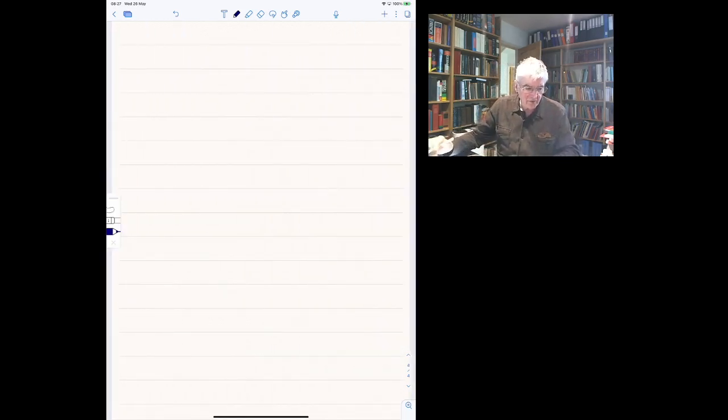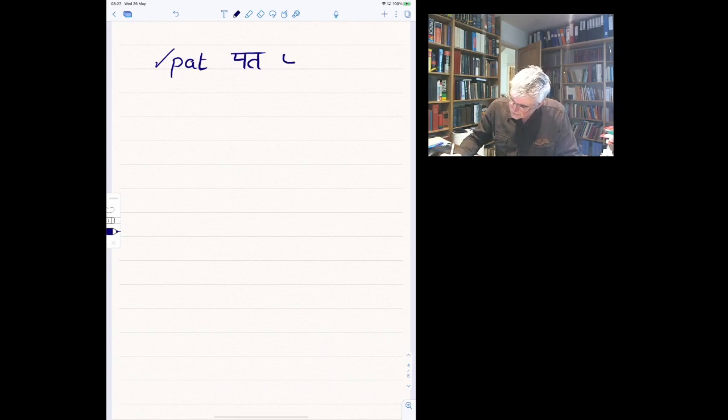Near the bottom of page 26, this verb, the root to fall. That is in Roman script, pat. I haven't written that terribly cleverly. This is a bit better. Now, the way I've written it is pata.